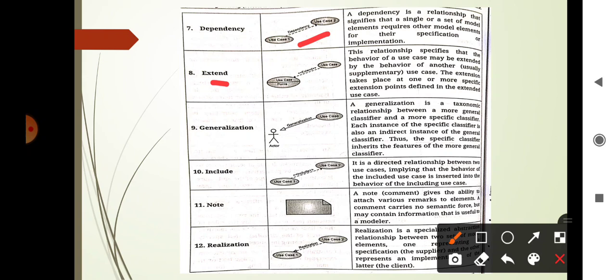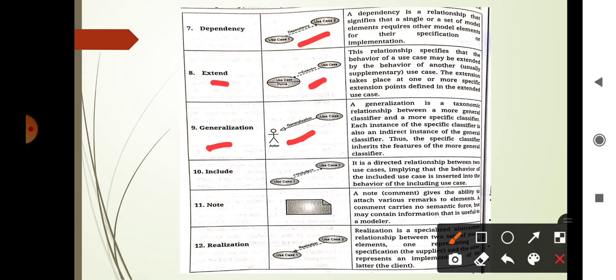Then extend. This is the extend symbol. In angle brackets, write the keyword extend. This relationship specifies that the behavior of a use case may be extended by the behavior of another use case. Then generalization: this is the symbol for generalization between actor and use case.